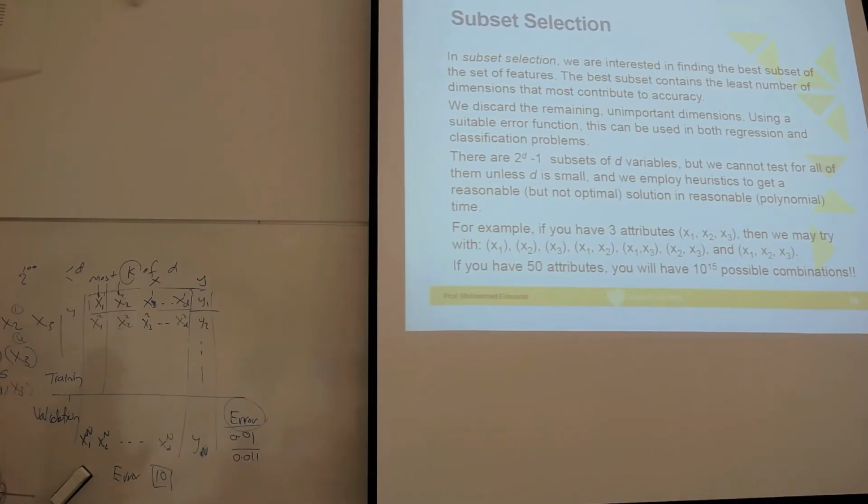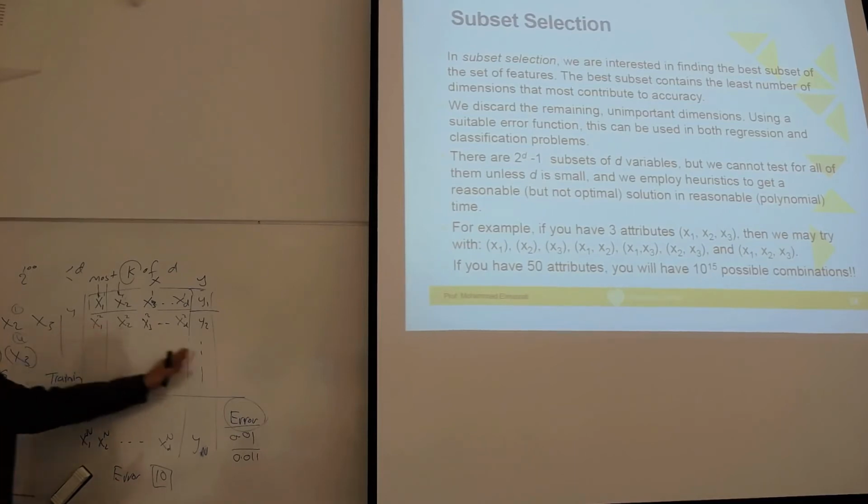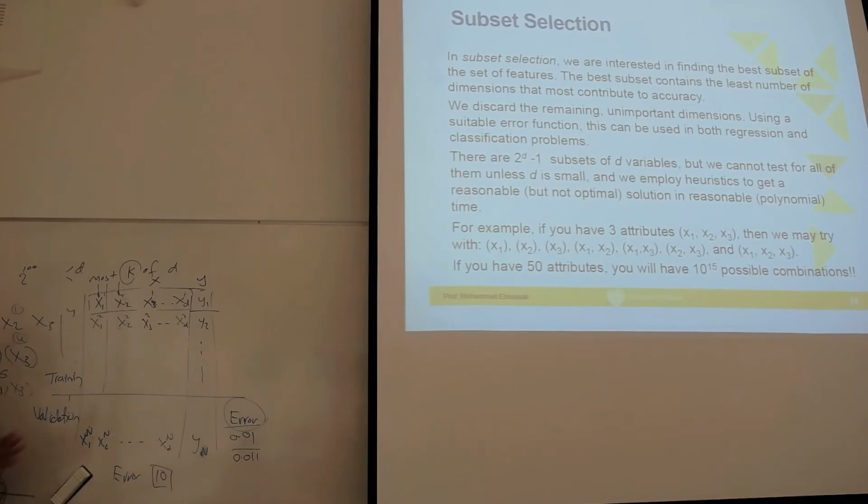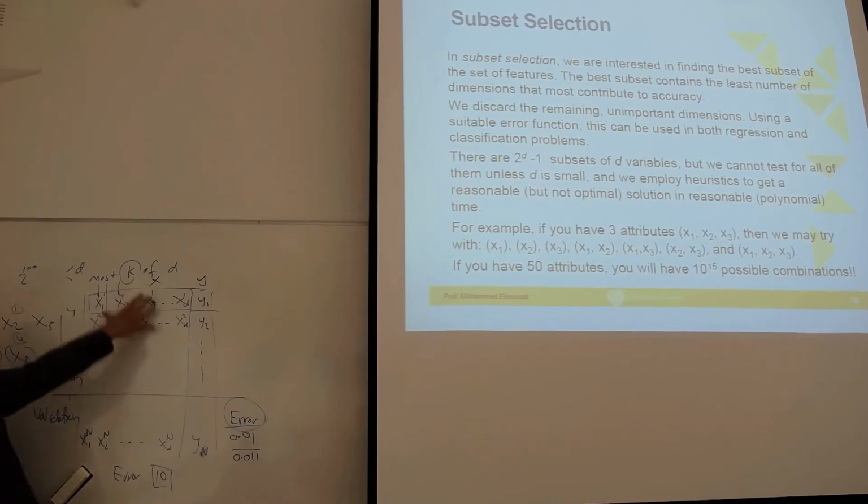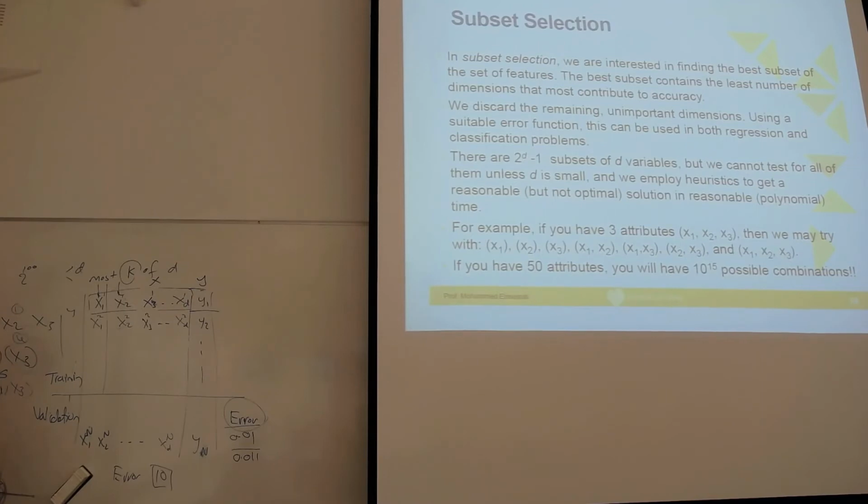There's another method. This one is called backward. So we start with all of them and then we start to remove them one by one. There's another method. It is the same, but it's called forward selection. It means that we start with 0, nothing. Of course, we don't have any input, but we add one by one.